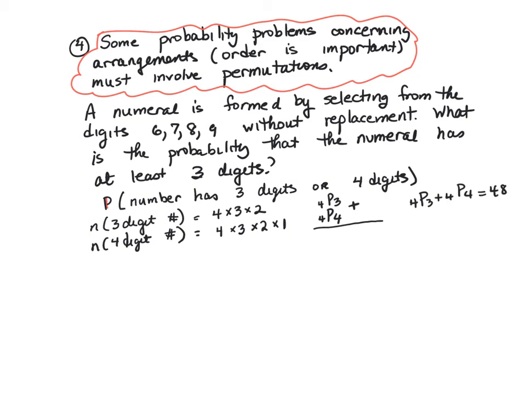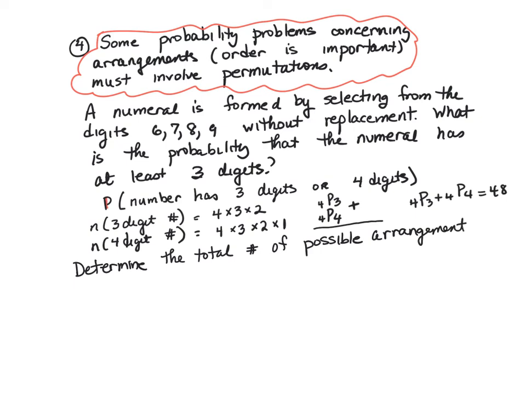Okay, now, the denominator, though, is not so simple, because here we have to determine the total number of possible arrangements. So, let's write this down. To determine the total number, because notice we're forming any number by selecting the digits 6, 7, 8, and 9.